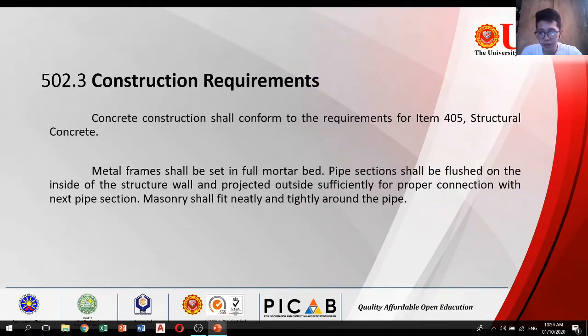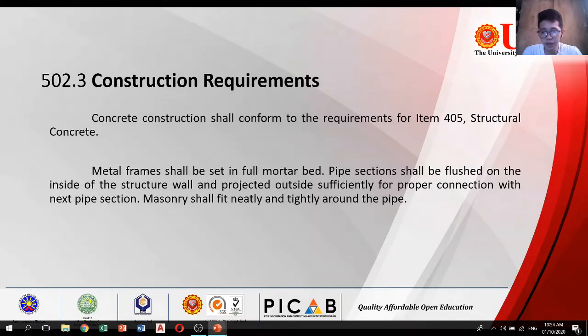Construction requirements. Concrete construction shall conform to the requirements for item 405 structural concrete. Metal frames shall be set in full mortar bed. Pipe sections shall be flush on the inside of the structure wall and projected outside sufficiently for proper connection with next pipe section.